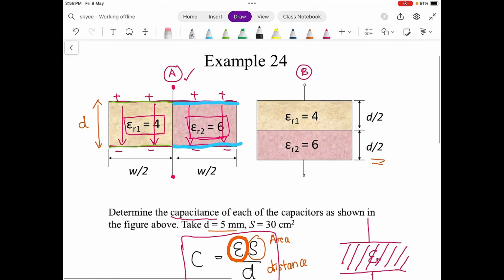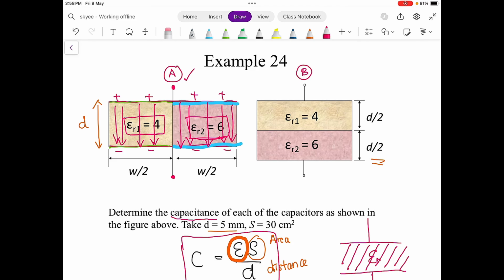So how do we determine whether this configuration is series or parallel? Here we look at the electric field directions. We know the electric field goes from the positive plate to the negative plate. If you look at this case, the electric field has a choice whether to go to the left side or to the right side.